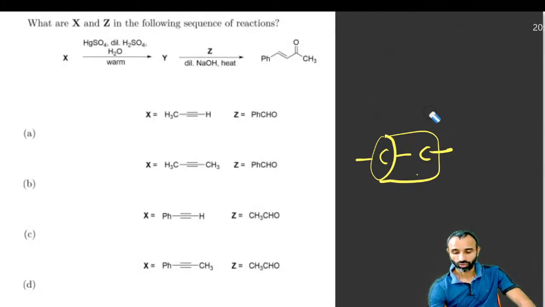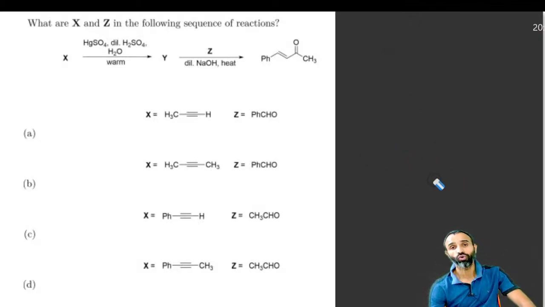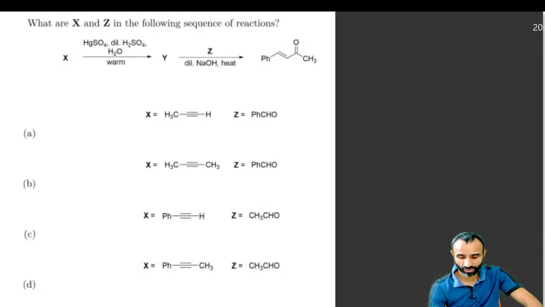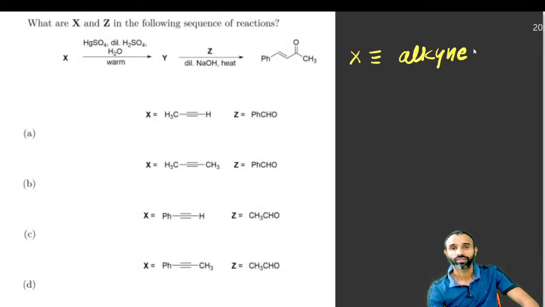So this is an indication that you have one triple bond in the compound. Anyhow, X is alkyne, that is clear from the statement that HgSO4 and dilute H2SO4 is used.